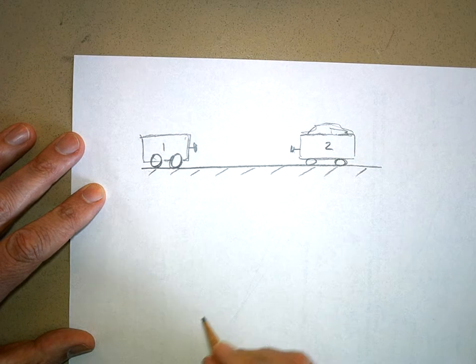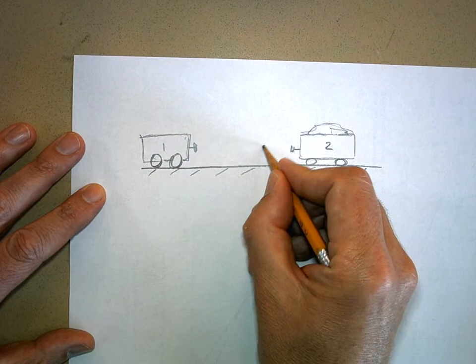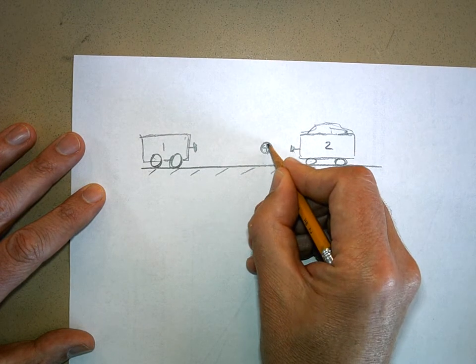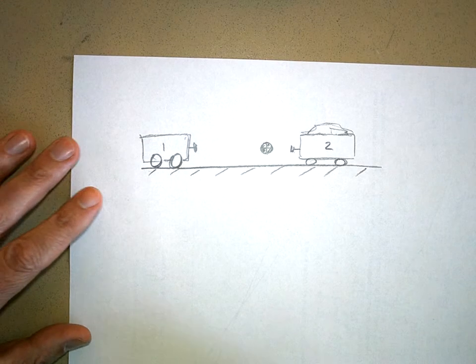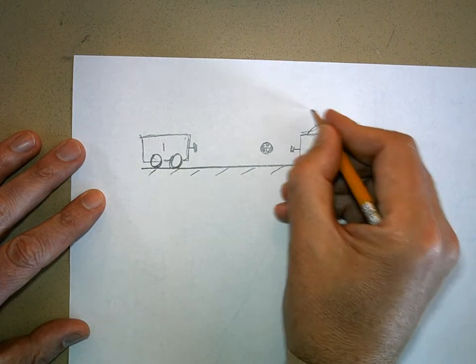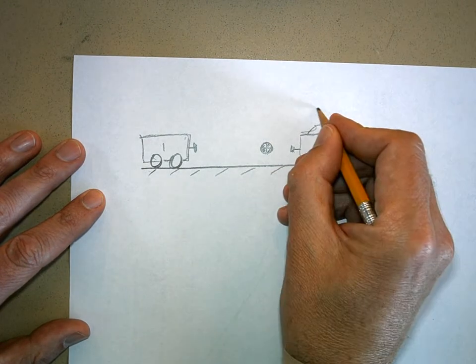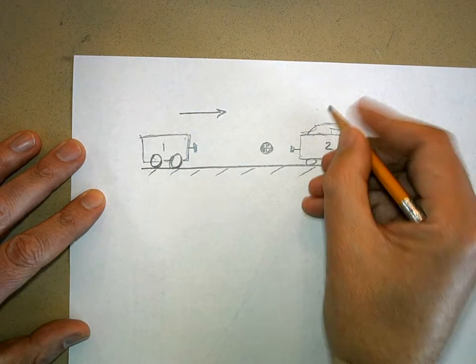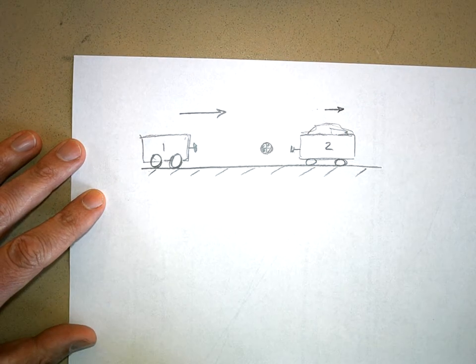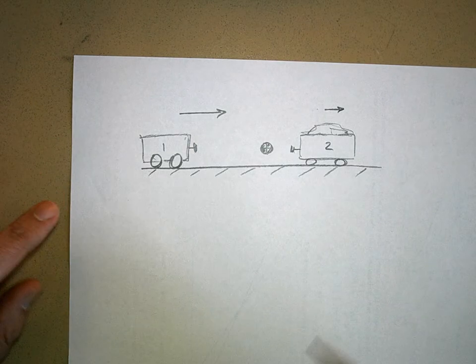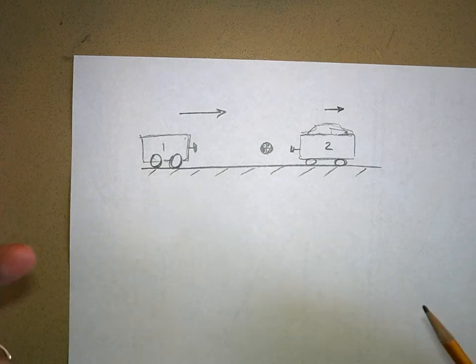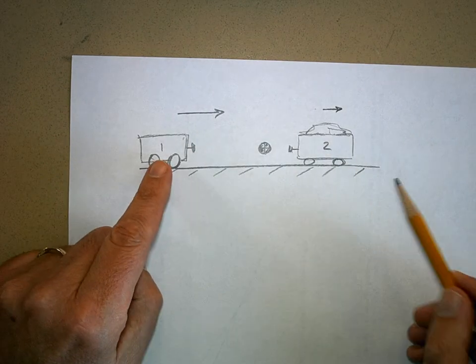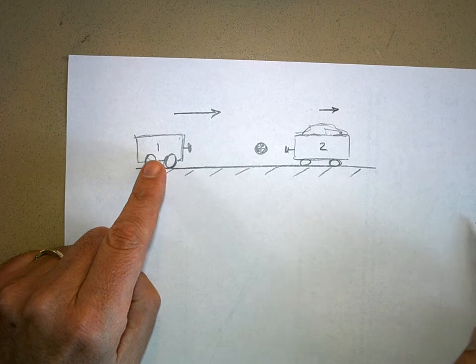Now the center of mass of my system will be right here. Now let's say this one is moving like this, and this one is moving like this. Those are the initial velocities. I think you can see here the center of mass, let's try to draw a little cartoon in our heads and visualize this.